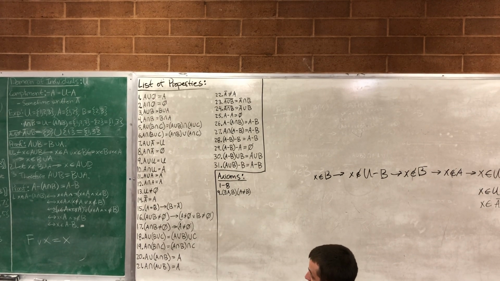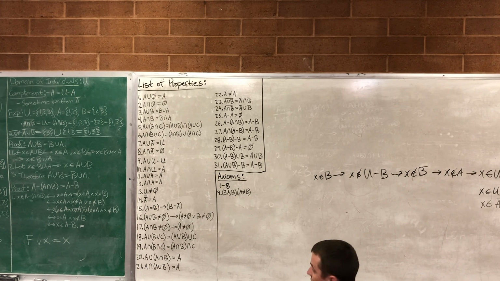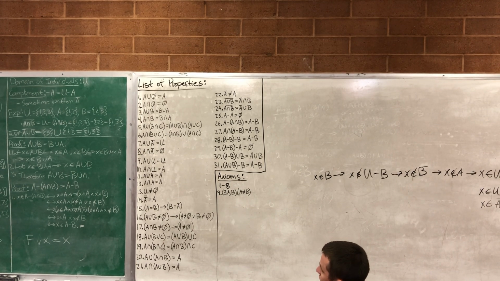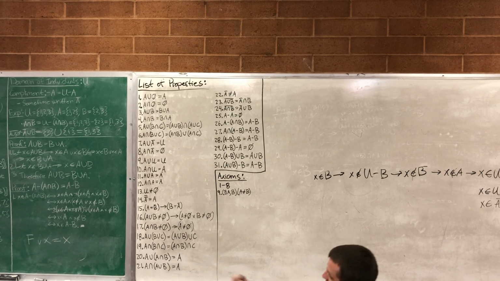So in other words, if A equals the empty set and B equals the empty set, then A union B is the empty set. Right, perfect. Which makes total sense. Next, if A intersect B is not the empty set, then A is not the empty set. Also, B is not the empty set. But you could get that just by switching the order.